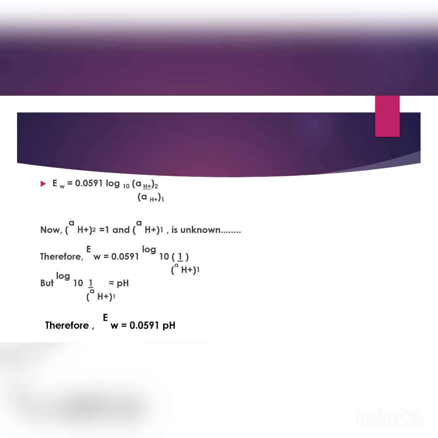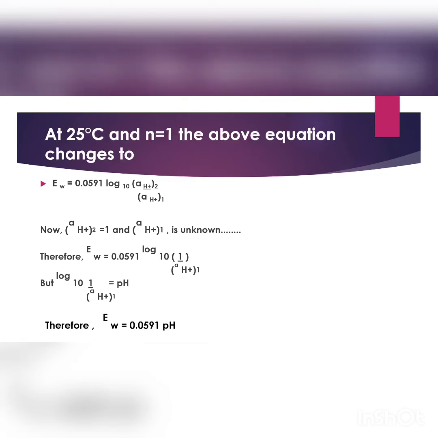Now, at 25 degrees Celsius and n is equal to 1, the above equation changes to E is equal to 0.0591 into log10 of the activity of H+ ions of the solution 2 divided by the activity of H+ ions of the solution 1.